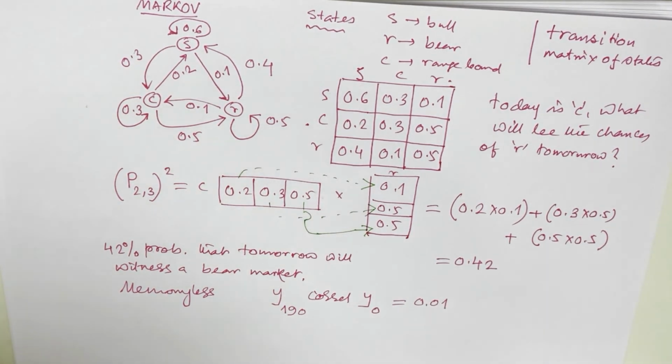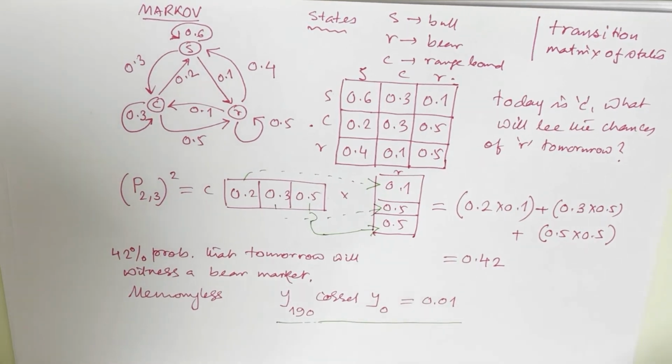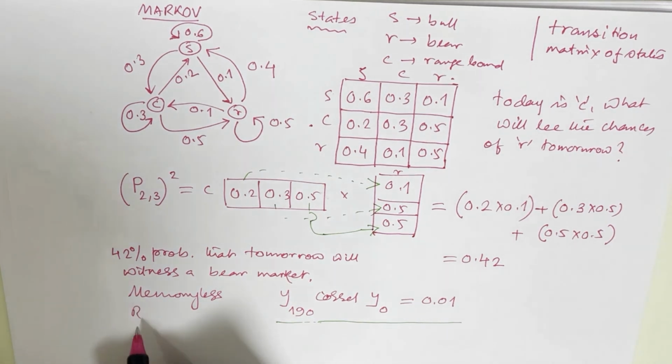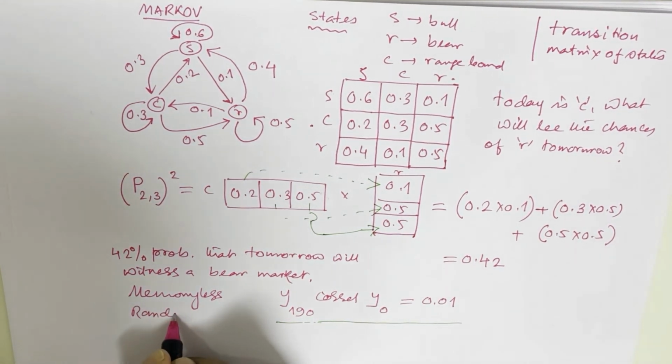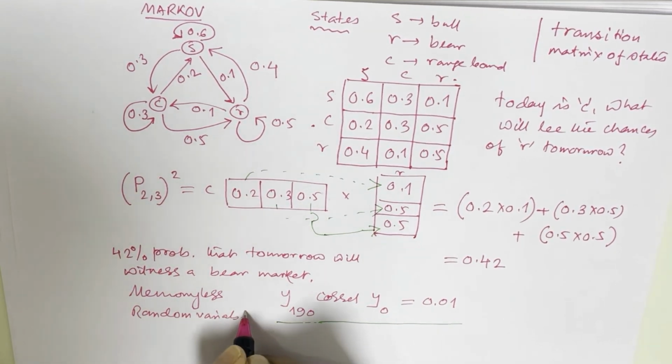So the assumption is that the market is memoryless, that there is no memory in the market. The market cannot remember the past. So Markov assumes memoryless random variables.